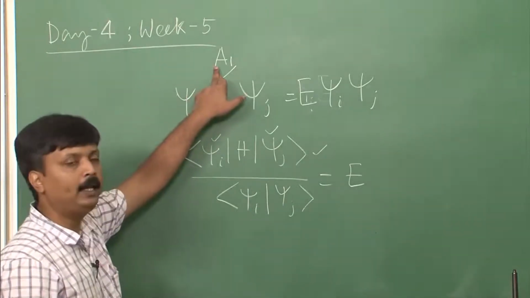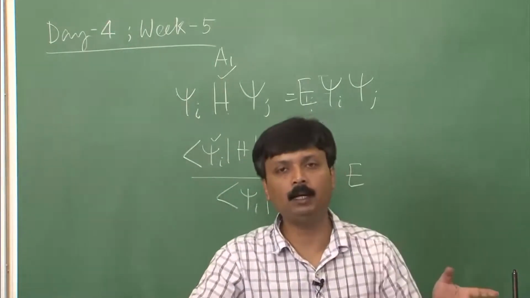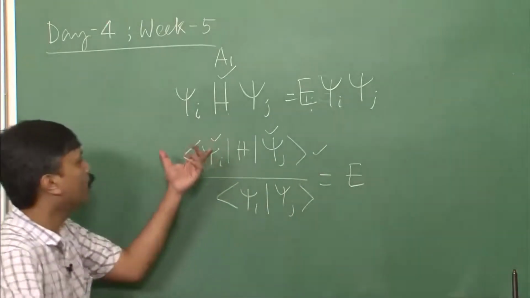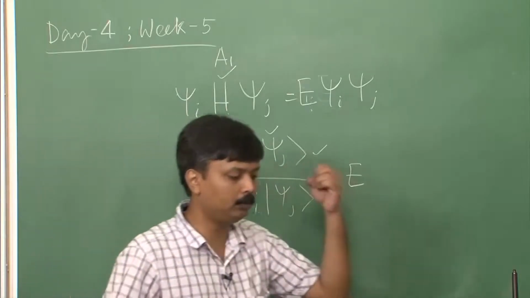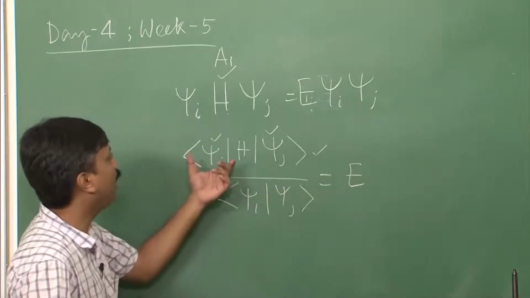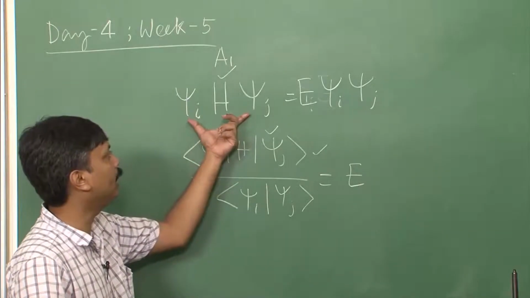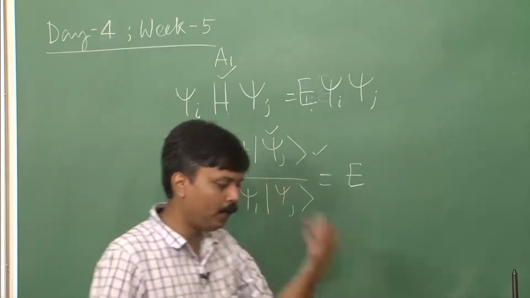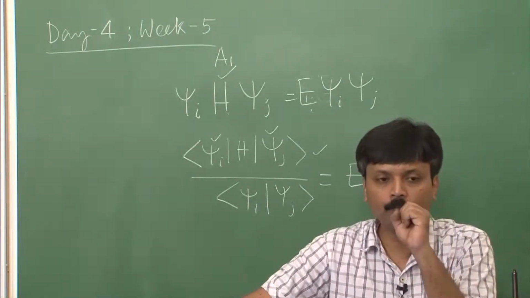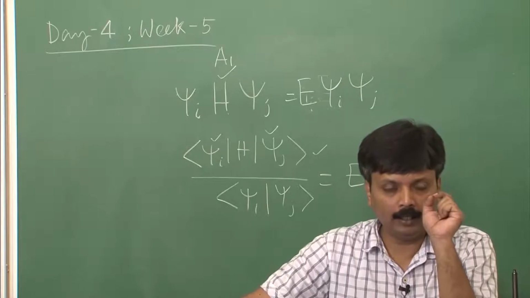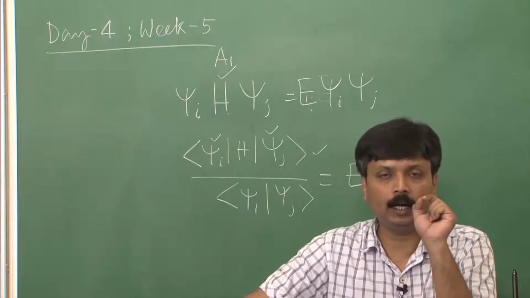Now you multiply anything with A1 will give you back the same irreducible representation, because you are just multiplying with plus 1. So therefore, if this integral has to survive, what I need is that the direct product of psi i and psi j, meaning the direct product of the irreducible representations to which psi i and psi j belong, should either yield the totally symmetric IR or should contain the totally symmetric IR.